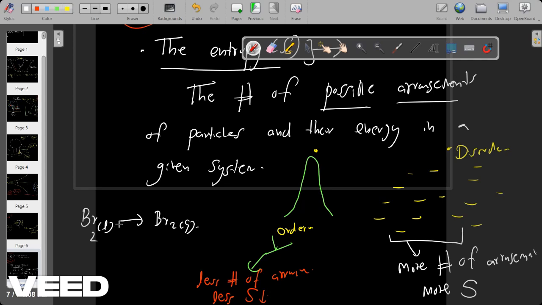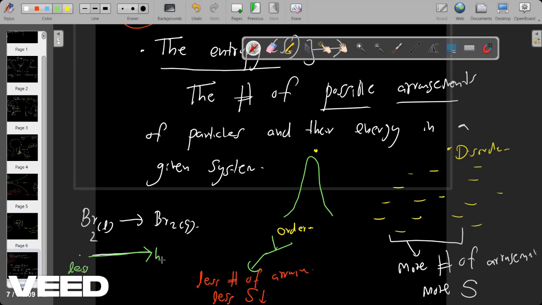So what does the universe always prefer? Low entropy to high entropy. The universe, you can give different definitions, some god or whatever it is, I don't know. They prefer less entropy to high entropy.